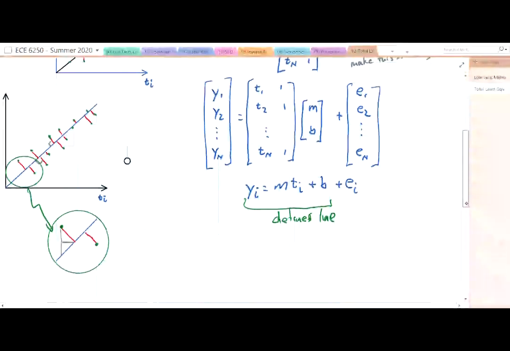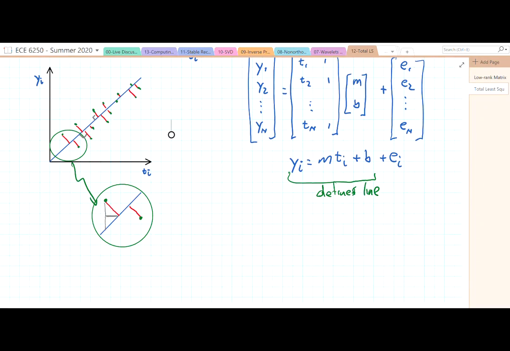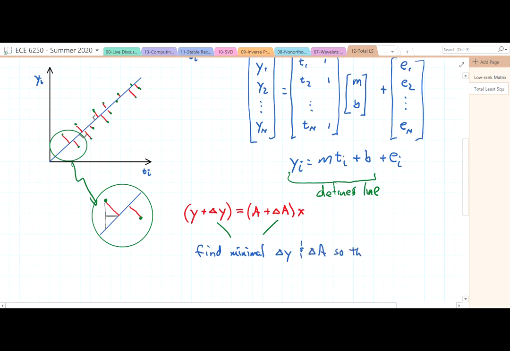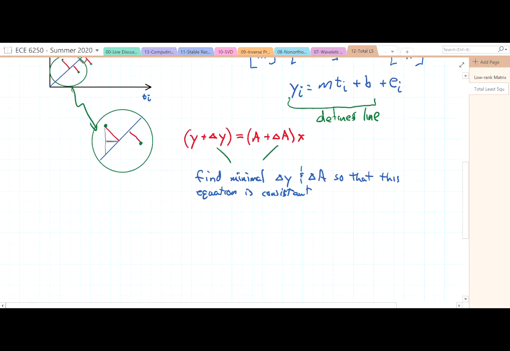Well, back to this case, we are now going to find the smallest offset from y and the smallest offset from A. So that's in X. So we're finding the smallest ones so that we have an exact solution to that equation.